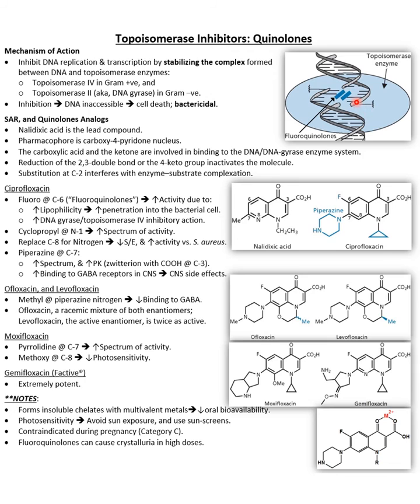Transcription requires the separation of the two strands of DNA to allow the synthesis of the messenger RNA, which leaves the nucleus into the cytoplasm and is then used to synthesize proteins. Also, the DNA has to separate during the replication process. So if we prevent the DNA from replication and transcription, this will lead to the death of the cell, and that's why it is bactericidal.